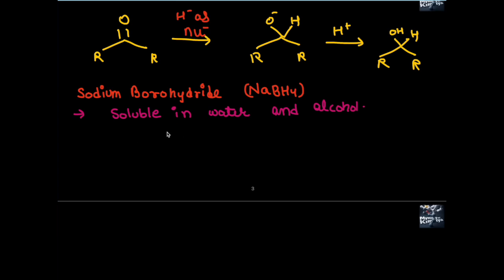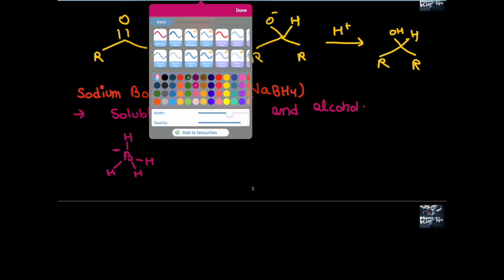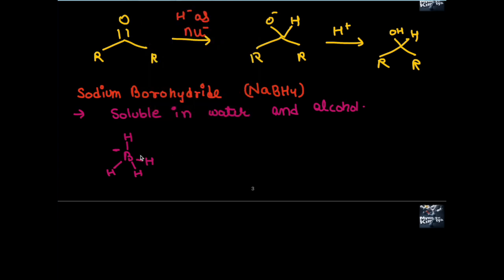In NaBH4 you can see we have a tetrahedral BH4 negative anion, and here the boron hydrogen bond is relatively more covalent as compared to NaH.